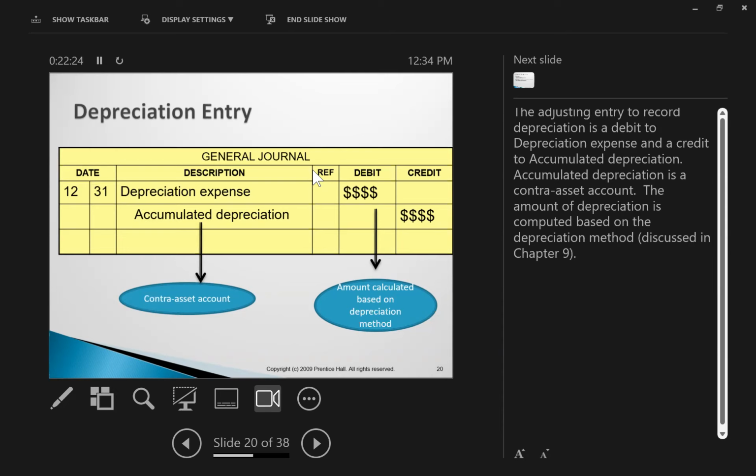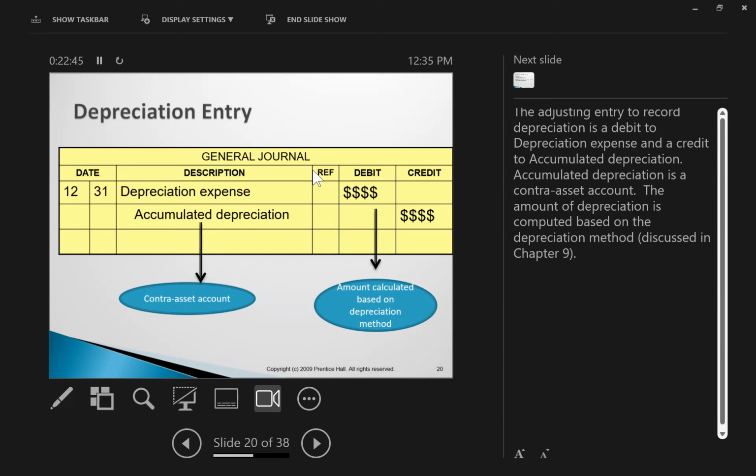Now, the account that we would put this into on the other side of the equation is called accumulated depreciation. Accumulated depreciation works differently than some of the others do. The adjusting entry to record depreciation is debited to depreciation expense, credited to accumulated depreciation.